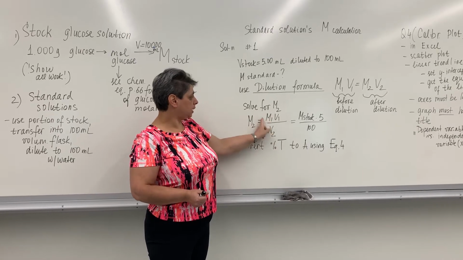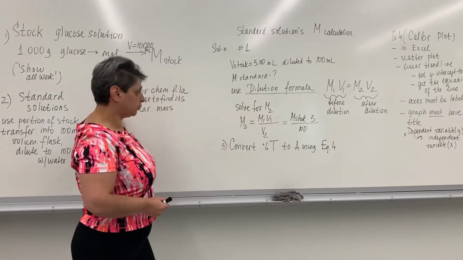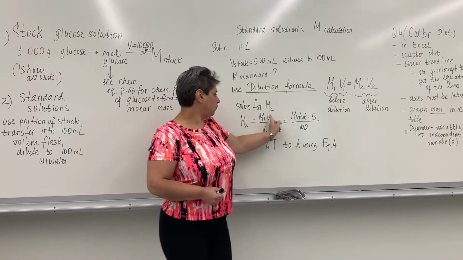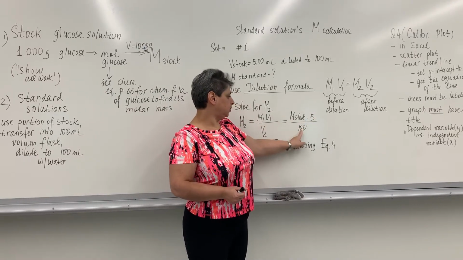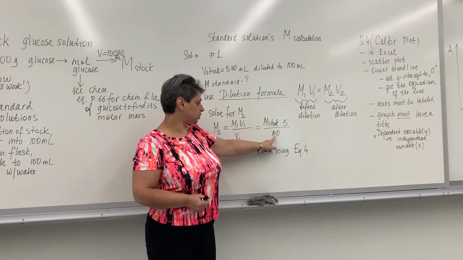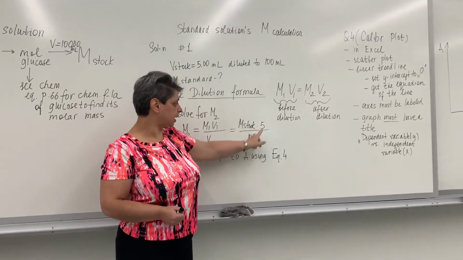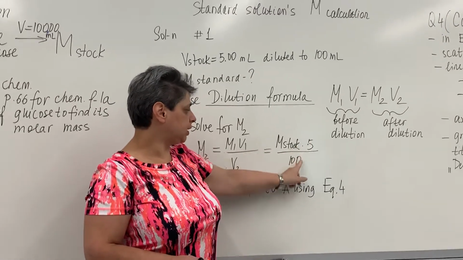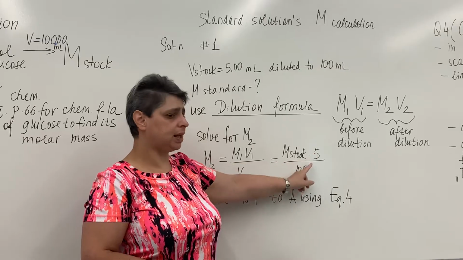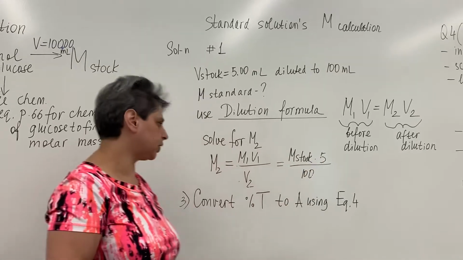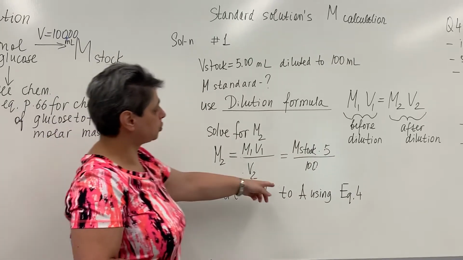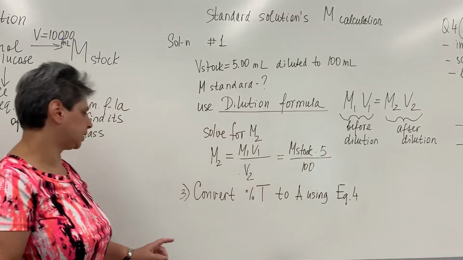M1 here is going to be the molarity of the stock found previously. V1 will be 5 milliliters and V2 will be 100 because the solution is diluted to 100. Notice I'm using volumes in milliliters because milliliters cancel, so you don't have to convert to liters. If you do convert to liters, make sure you convert both, but it's not necessary.